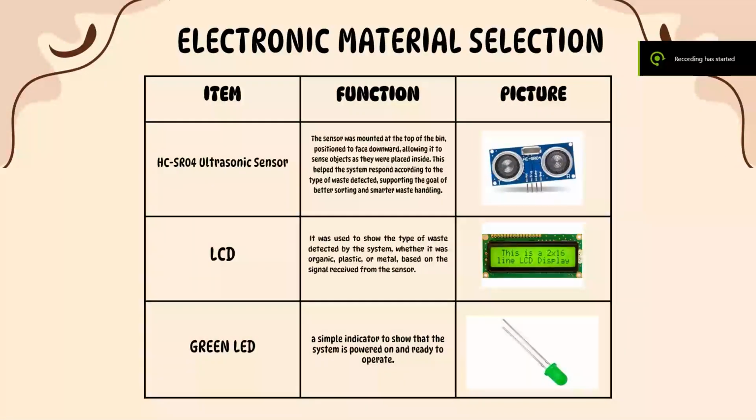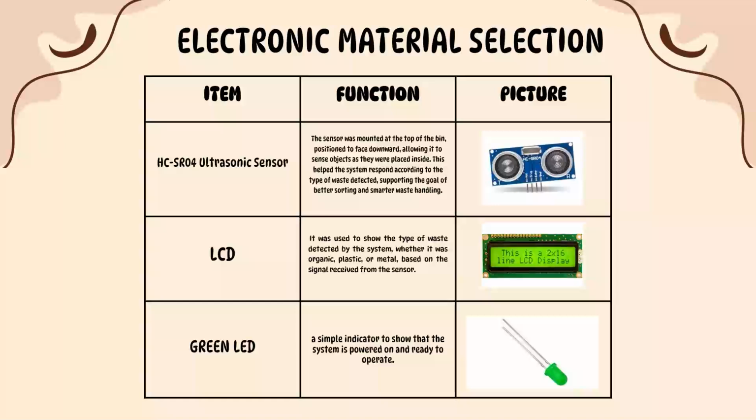For the electronic material selection, this slide shows the main electronic components we used in the smart waste bin. We used an HC-SR04 ultrasonic sensor mounted at the top to detect waste when it is dropped in. We also used an LCD that displays the detected waste type, whether it's plastic, metal, or organic. We also placed a green LED that lights up to show that the system is powered on and ready.